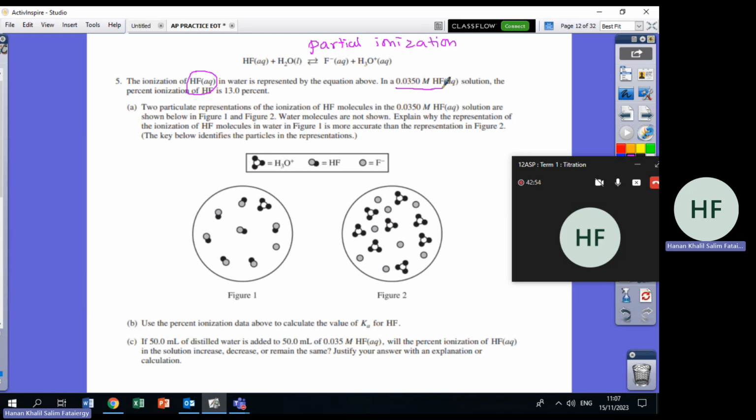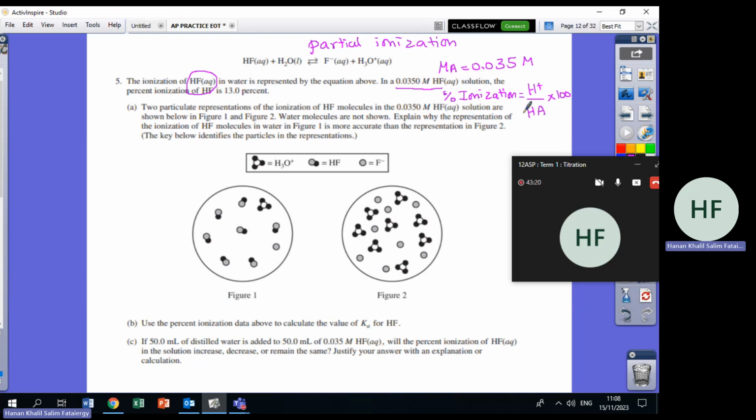This is the molarity of the acid, so the molarity of HF is 0.035. The percent ionization is 13%. Remember the formula: percent ionization is H+ over HA times 100.